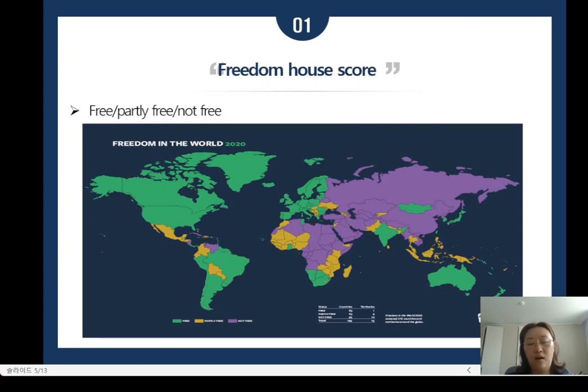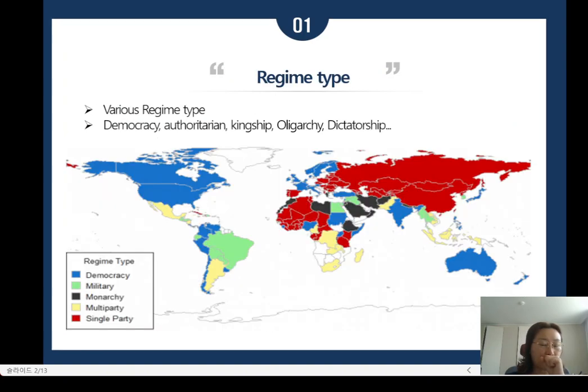So you can see it's very fun to compare this Freedom House score and the democracy index. There are a lot of indexes or measurements of whether a country is a democracy or not.